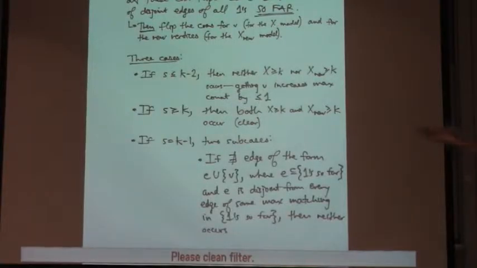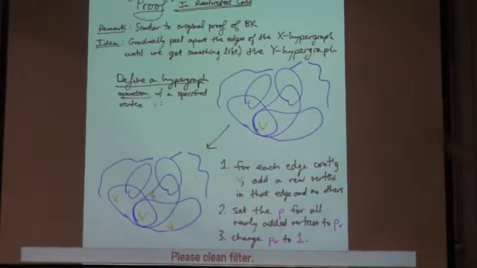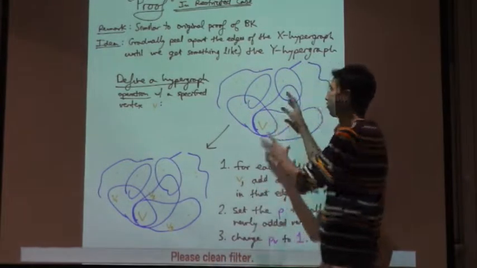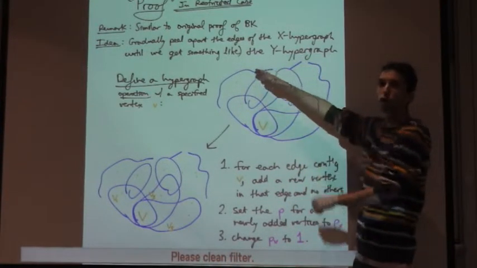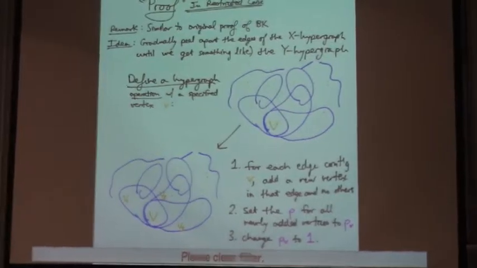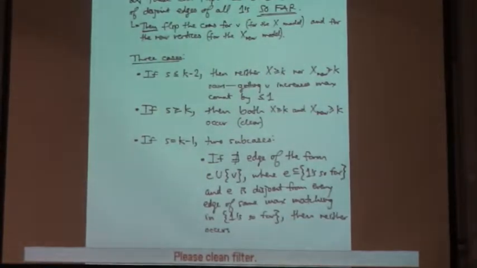A largest matching with more vertices is at least the same. So the rub is what happens when S equals k minus 1. In other words, I flip these coins out here, and the maximum size matching I can find so far has size exactly k minus 1. Then I have to think about what happens.